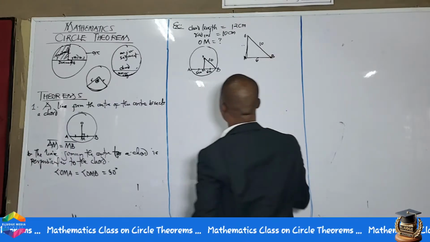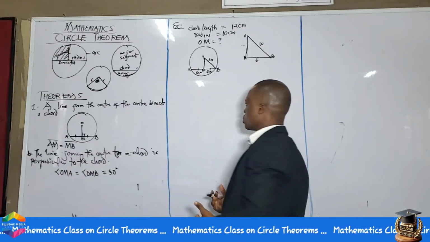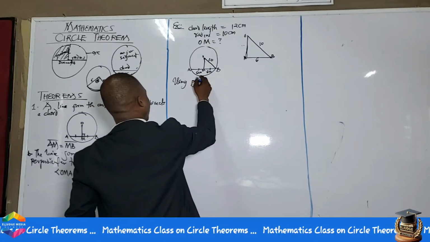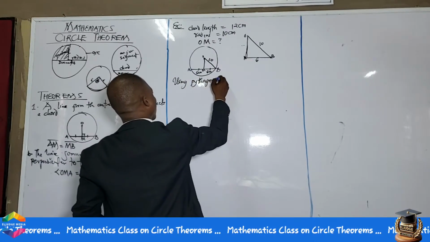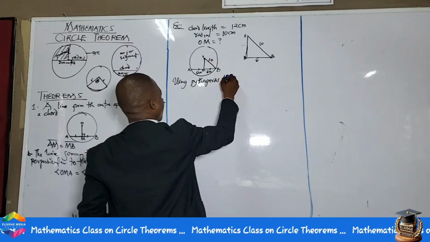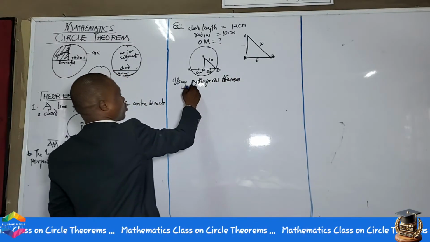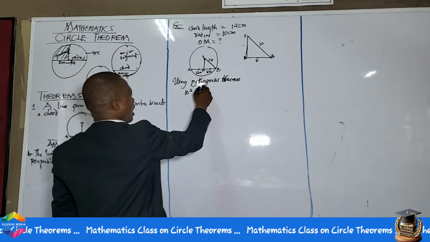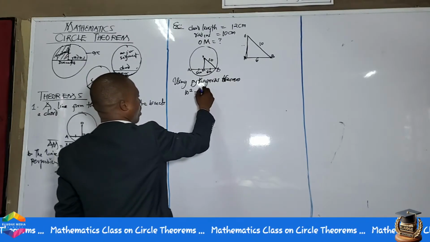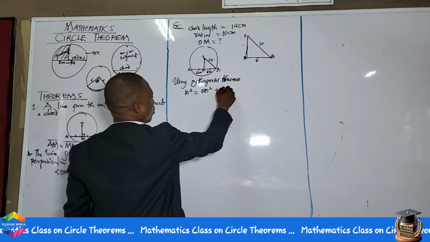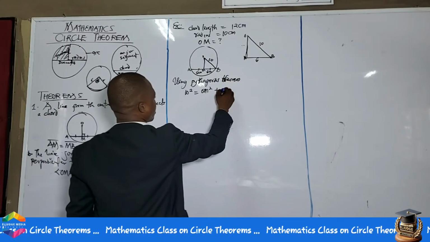OMB. So we're going to make use of Pythagoras theorem. Using Pythagoras theorem, we're going to have 10 squared equals OM squared plus MB squared, that's 6 squared.